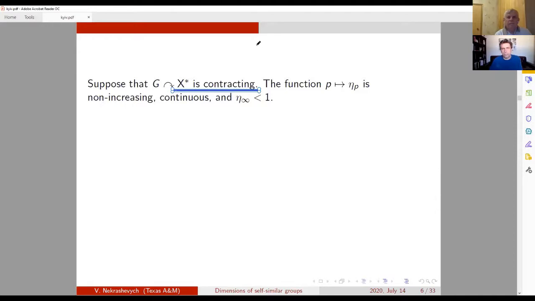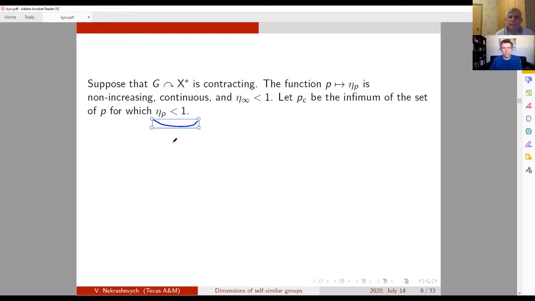So we have some function which is non-increasing, and it goes to something which is less than 1 at infinity. So there will be some moment, the last moment when it is greater or equal to 1. So let this be the critical value. So you take the infimum of the set of values of p for which this coefficient is less than 1.